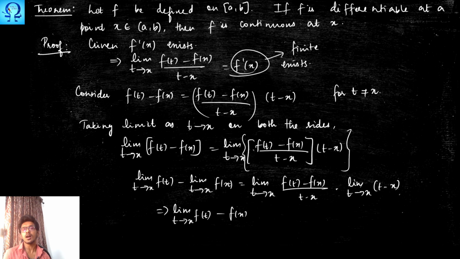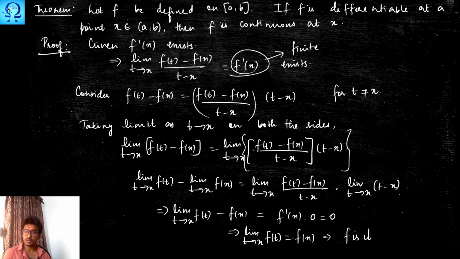The first quantity is f prime of x, and the second quantity is 0, therefore the product is 0. Hence the limit as t approaches x of f(t) equals f(x). This tells you f is continuous at the point x, and this completes the proof.